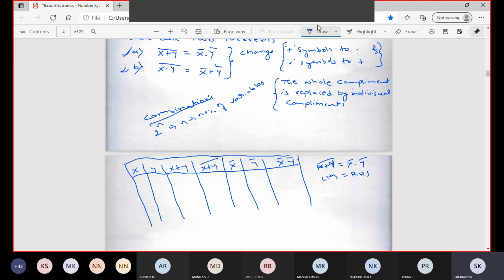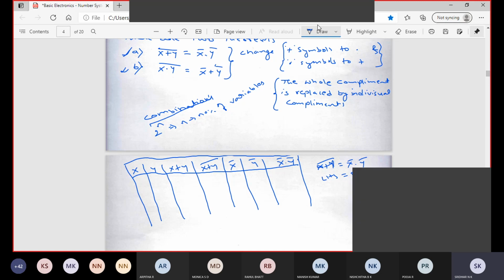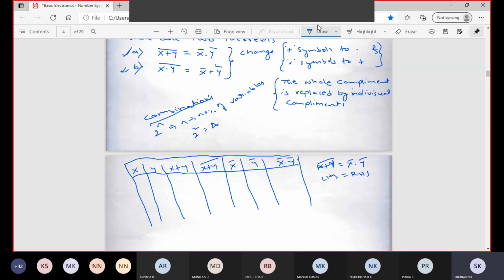Here we have only two variables, x and y. So 2 power 2, how many combinations will we get? 4. Which are those combinations? 0 0, 0 1, 1 0, and 1 1. Beyond this, we won't get any further combination. Is it possible? Check it out. Only these all possible combinations we will get.